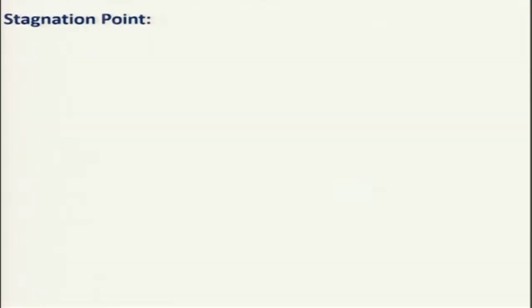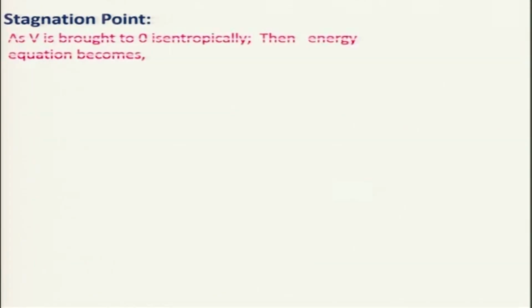So, let us understand what we mean by stagnation point. When the velocity of the fluid is brought to 0 or a standstill isentropically, then we call it the stagnation point or the isentropic conditions.